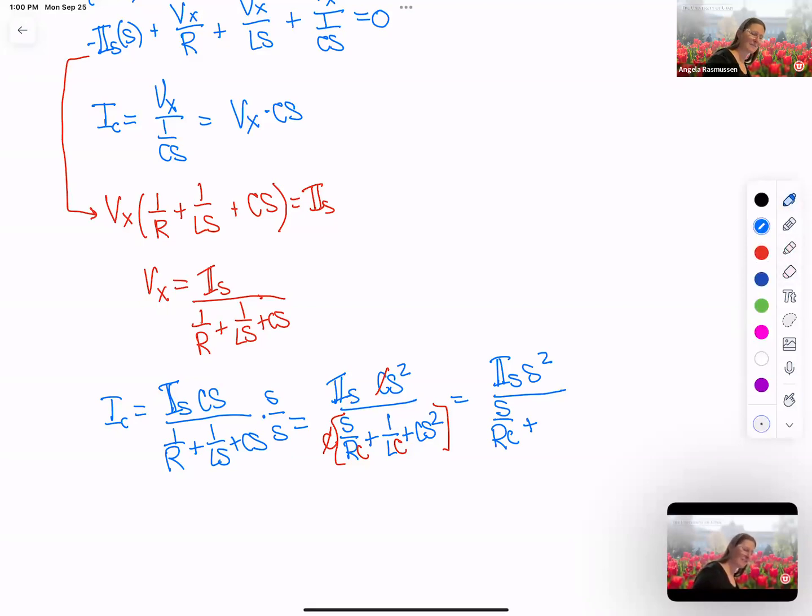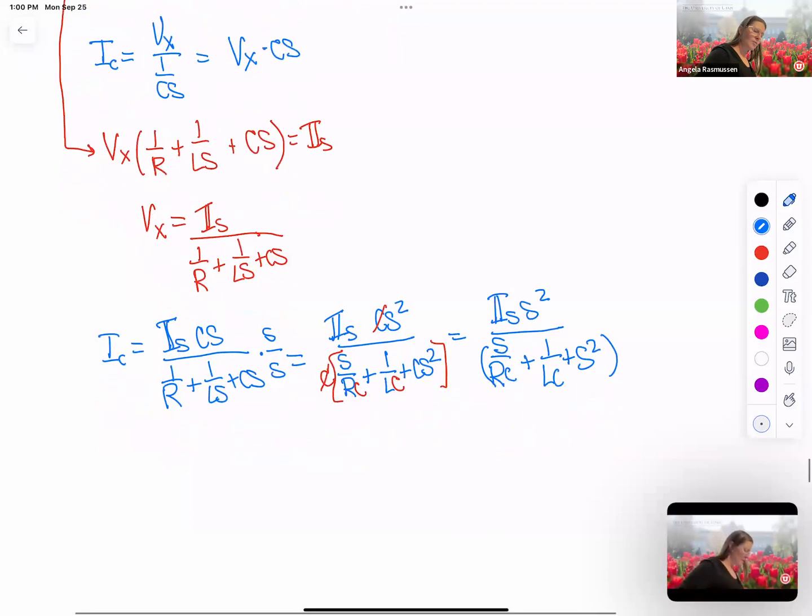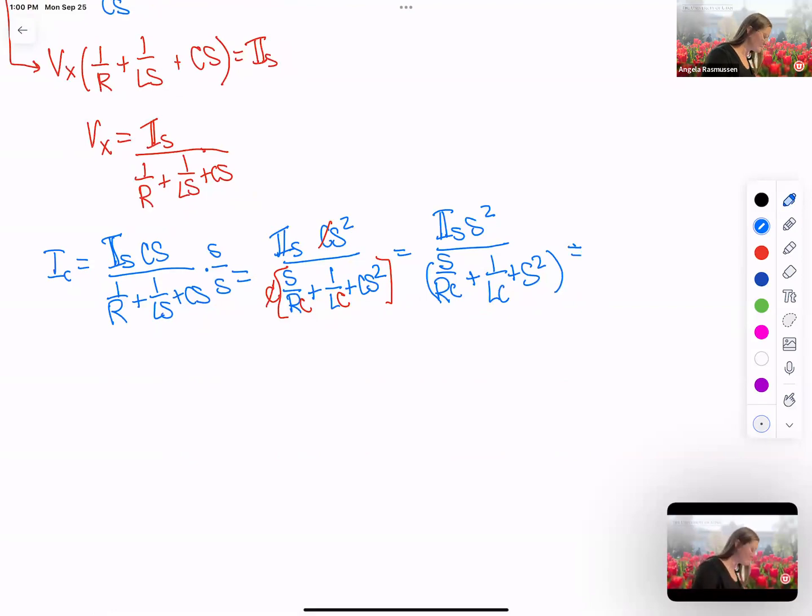That was a 1, I just miswrote it. Or wait, did I miss an S? No, 1 over LC. There we go. 1 over LC. And then S squared. So that gets it into the form of the S squared that I want. And then this will become 6 over S minus 6e to the minus S over S squared divided by this.